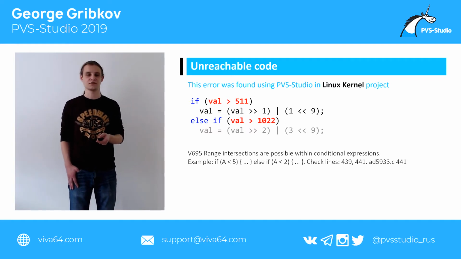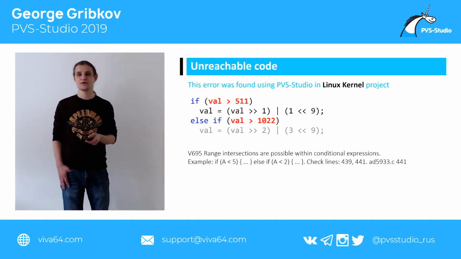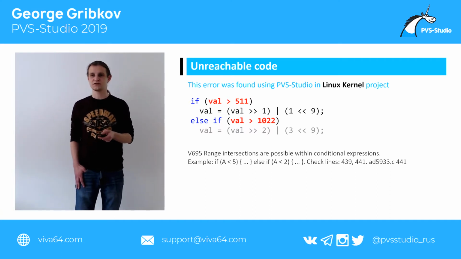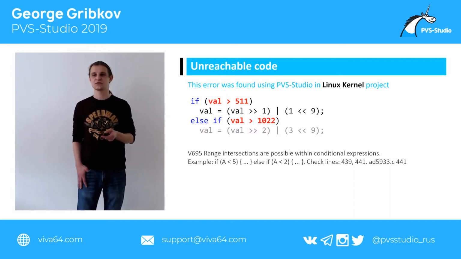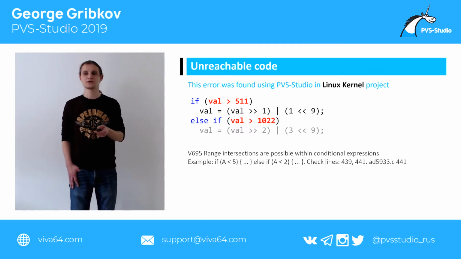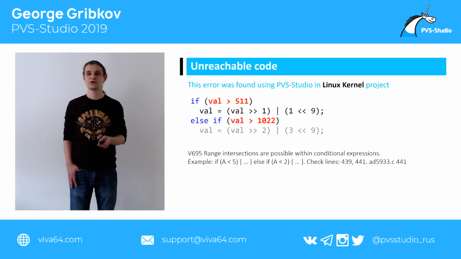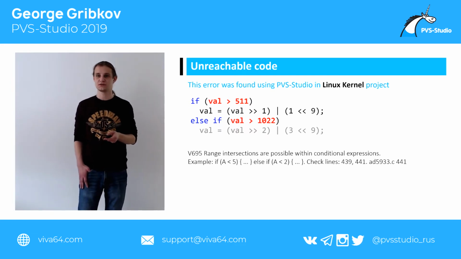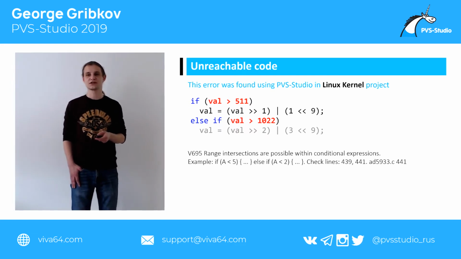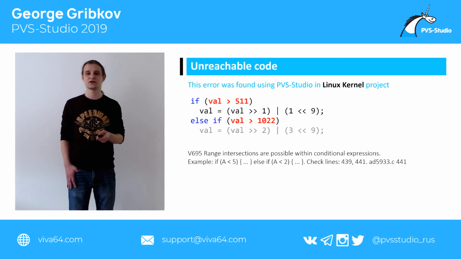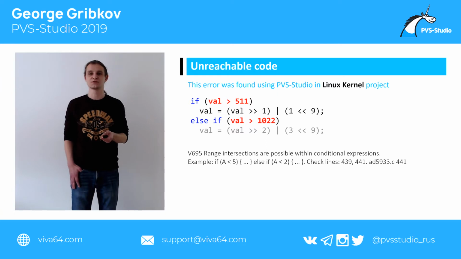If the value is greater than 1022, then completely different actions should be made. The fact is that the body of the second if expression will never be executed, because if the value is greater than 511, only the upper statement will still be executed. In fact, these conditions must be swapped, and the analyzer warns that the conditional expressions are misplaced and we have an unreachable code here.